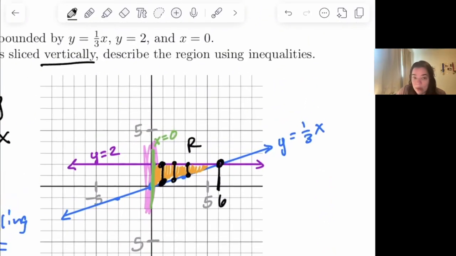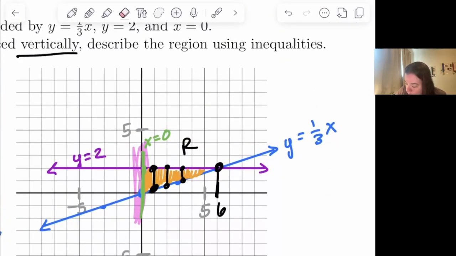Remember, we are in this shaded region still. I'm going to take off some markings. So let's get that shaded region back in there. We are still in the shaded region, but now we are asked to slice horizontally. So think of your horizontal slices.